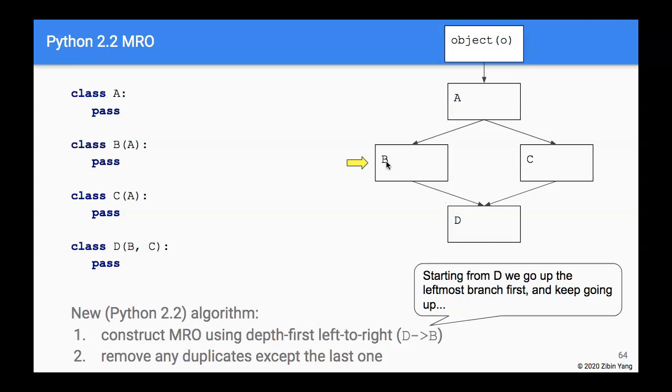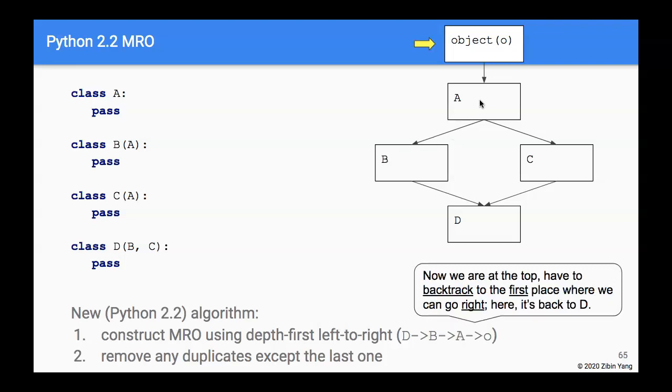We get to B, and then keep going up: B, A, and then O. Now we are done going up on the left side of D.